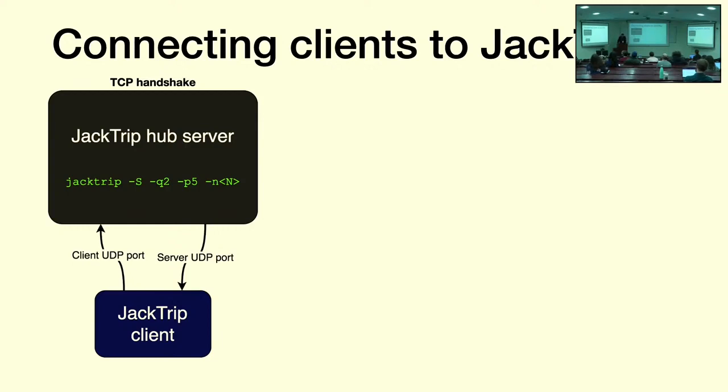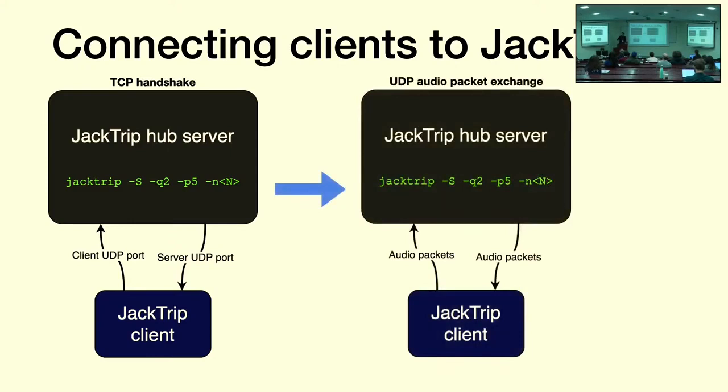JackTrip goes, cool, I'll start a send and a receive thread for you. Well, it doesn't tell it that, but that's what it does in the background. What it does tell the client is, here's a UDP port that you can reach me on. And that's kind of it, really. From there on, the server and client just have to maintain this flow of UDP packets, send and receive, essentially. And that can continue ad infinitum.